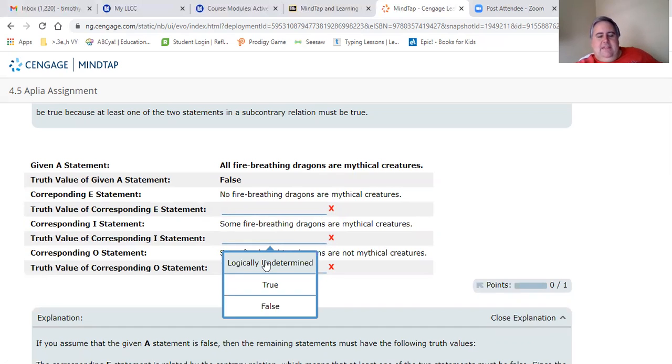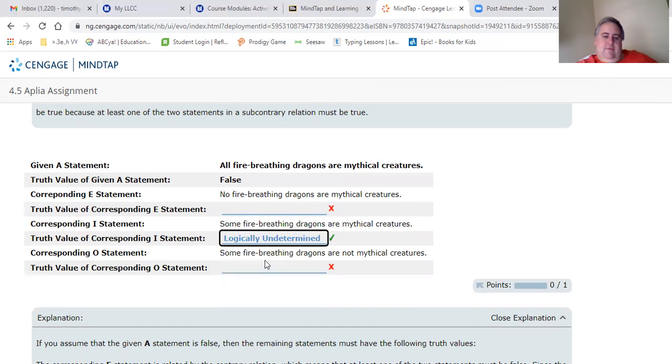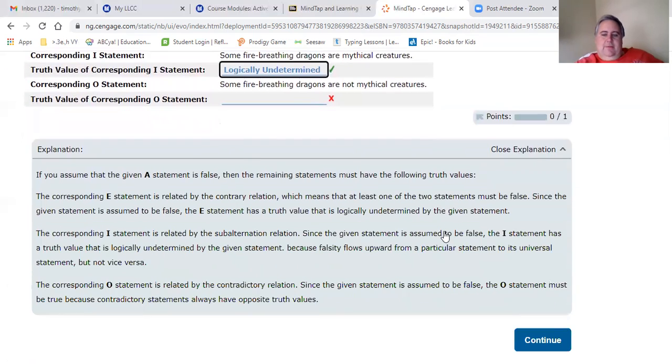There could be some that are and some that aren't. Just if A is false, it doesn't mean that there aren't some people who are. If it's false that all of you are going to pass, probably shouldn't use that as an example. That doesn't mean that some of you are going to pass is false. So it's logically undetermined.